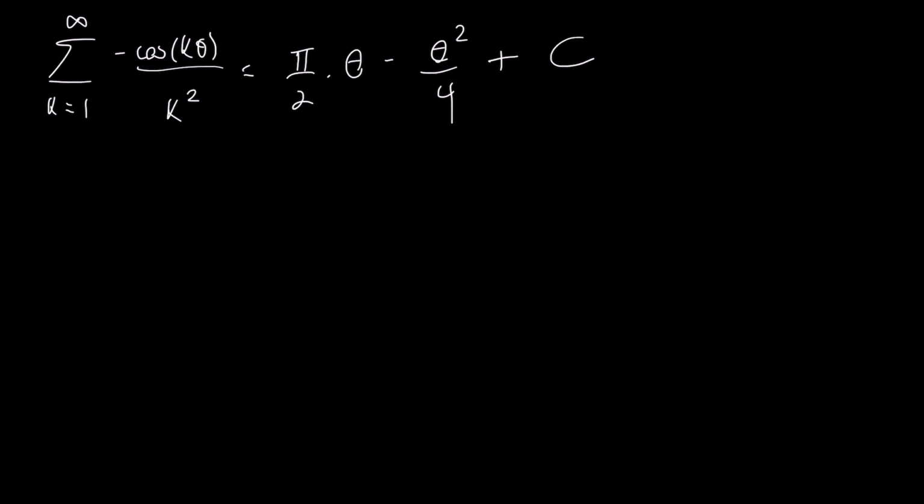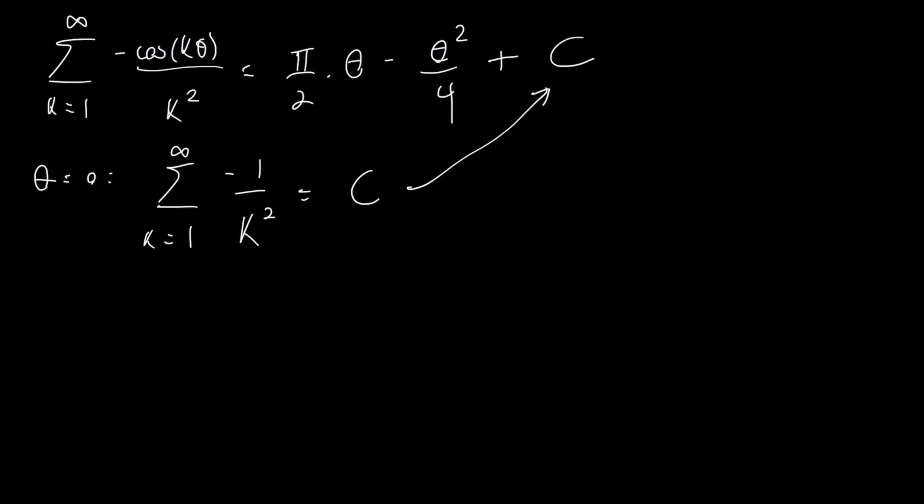And from here, we'll let theta equal 0. So we're going to have the sum from 1 to infinity. Cosine of 0 is 1, so we have minus 1 over k squared, and this ends up equaling c. But since we know this is equal to c, we could just plug it in here.